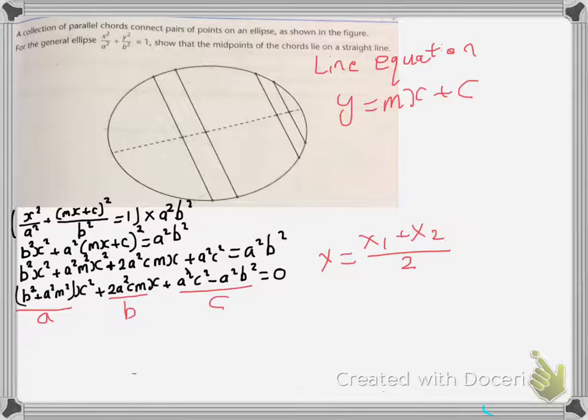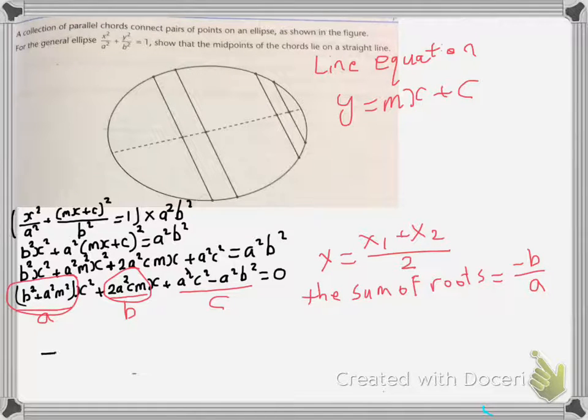And in quadratic equations, we know that the sum of the two roots is equal to negative b over a. So we're going to use negative b over a, and substitute the values of a and b.